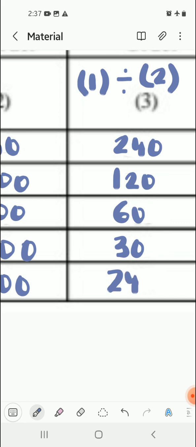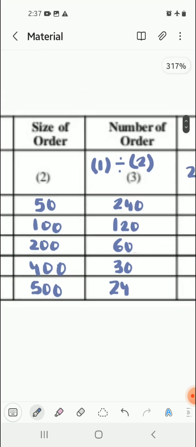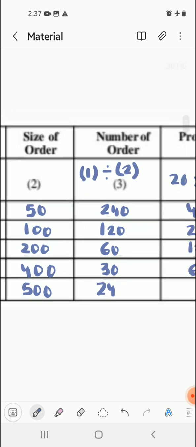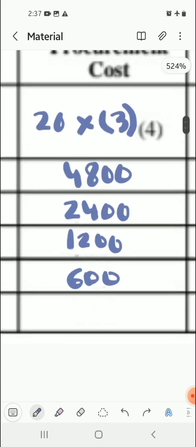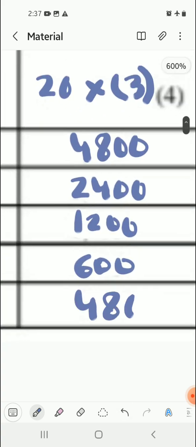So we're going to write 24 here in the number of orders, because of course the total requirement divided by the size of order is how we find this. So once you are done with it, procurement cost will be 20 rupees into 24. So 24 into 2 is 48, and 480.